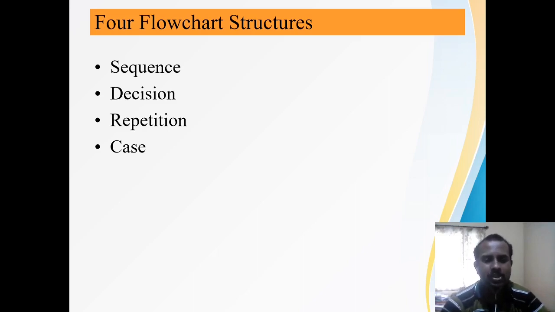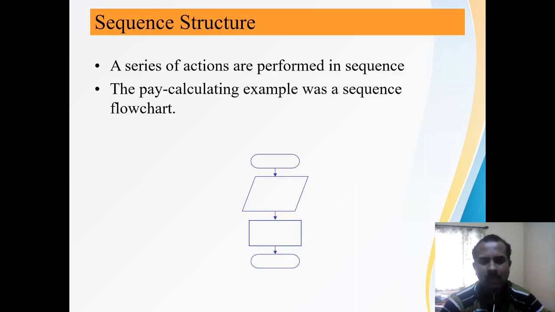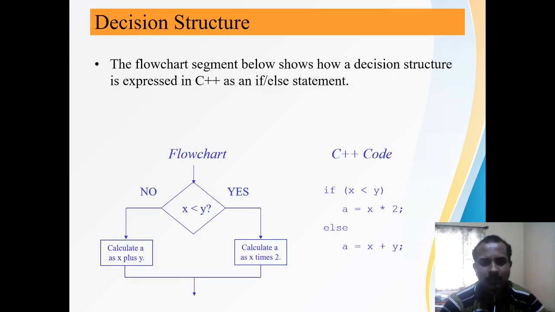Then repetition is used when you want to execute the statement block a number of times. When you want to execute the same statement block a number of times, only then will the repetition logic, or the iteration, be used. So this is the sequence structure, where a series of actions is performed in sequence.